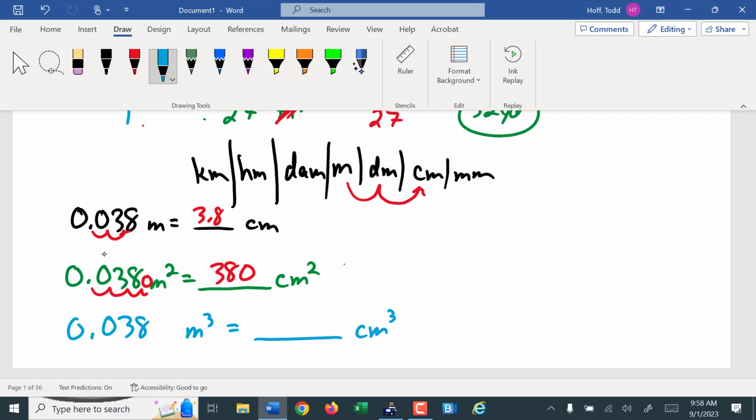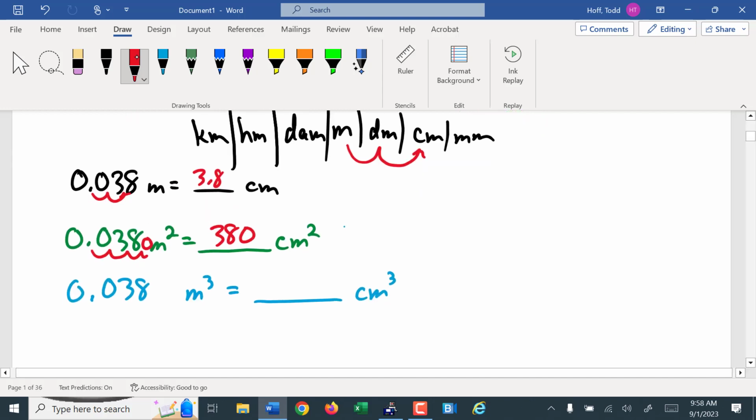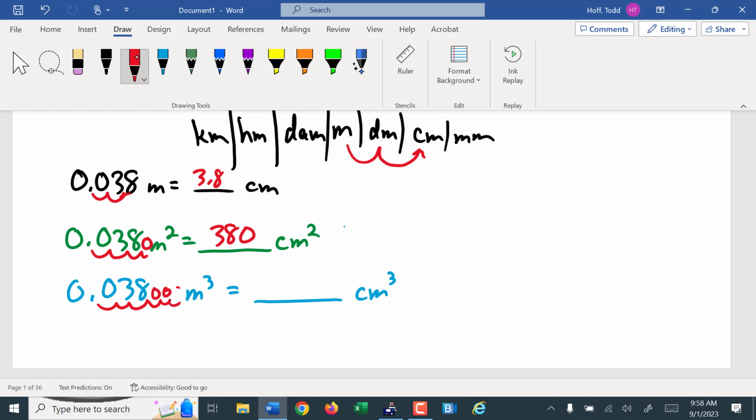So each spot on the chart is 3 decimal places. So from meters to centimeters is still 2 spots on the chart. The decimal point has to go 6. 1, 2, 3. We fill in zeros to go 4, 5, and 6. That is 38,000 centimeters cubed. You can see how those numbers blow up, get really large in a hurry.